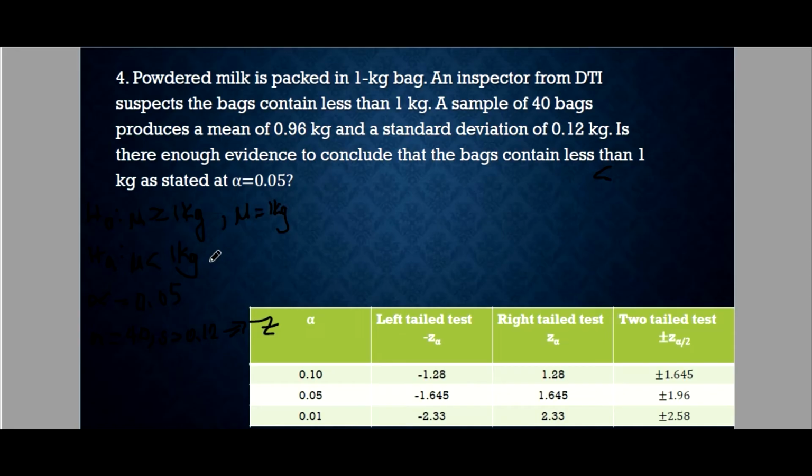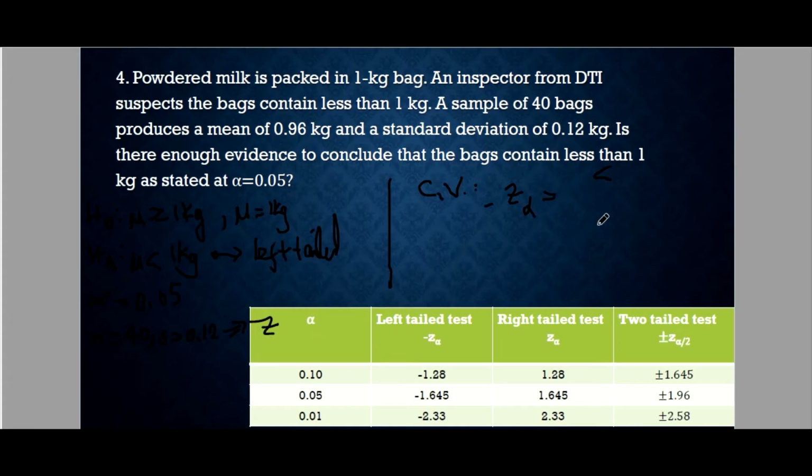Now, is it left-tailed, right-tailed, or two-tailed? Let's go back to our alternative. It's less than, so this is a left-tailed test. So left-tailed. Thus, what is our critical value? Our critical value is negative Z sub alpha.